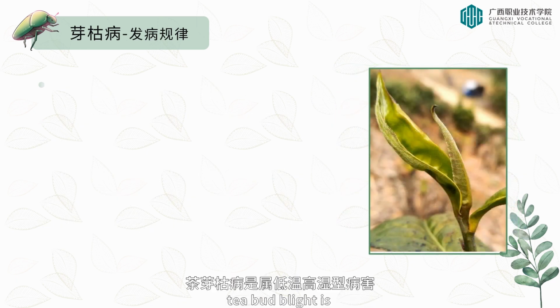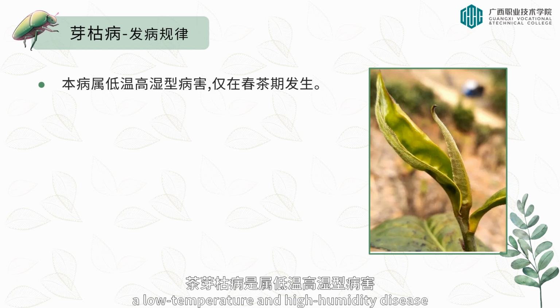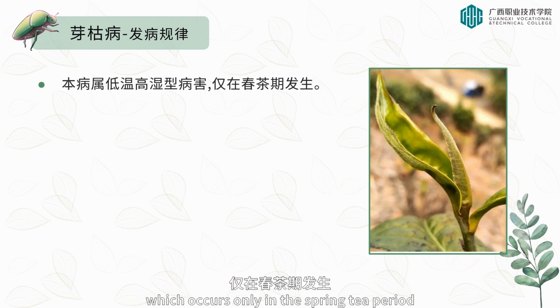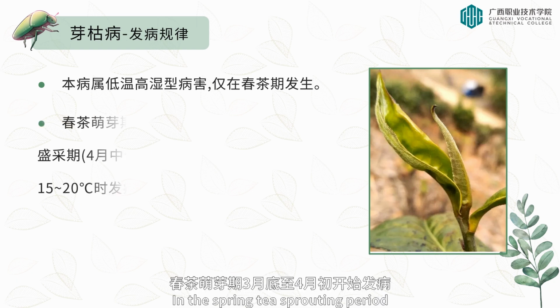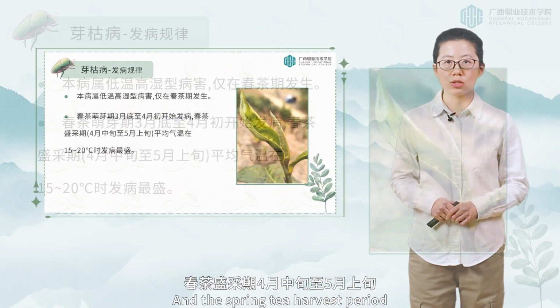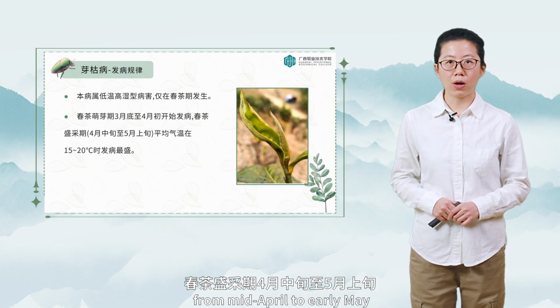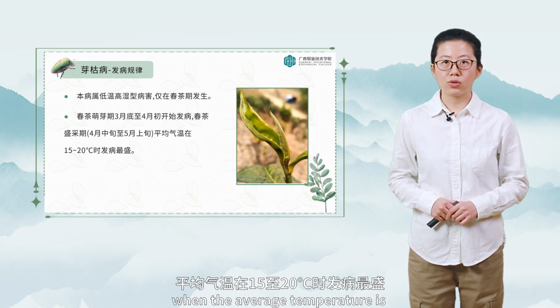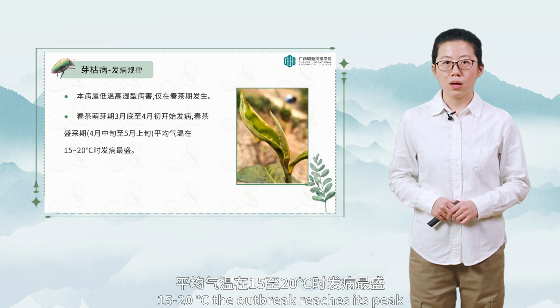Secondly, we know that tea bud blight is a low temperature and high humidity disease, which occurs only in the spring tea period. It usually happens in the spring tea sprouting period, from the end of March to early April, and the spring tea harvest period from mid-April to early May. When the average temperature is 15 to 20 degrees Celsius, the outbreak reaches its peak.